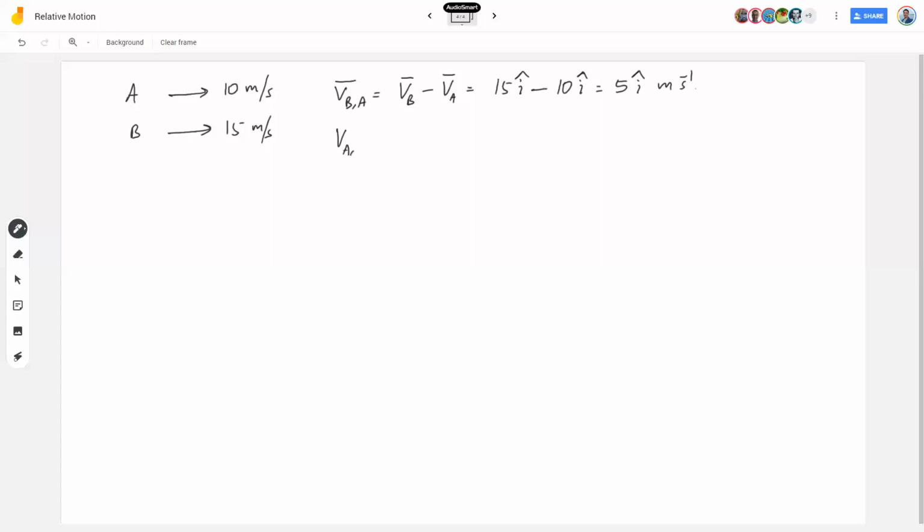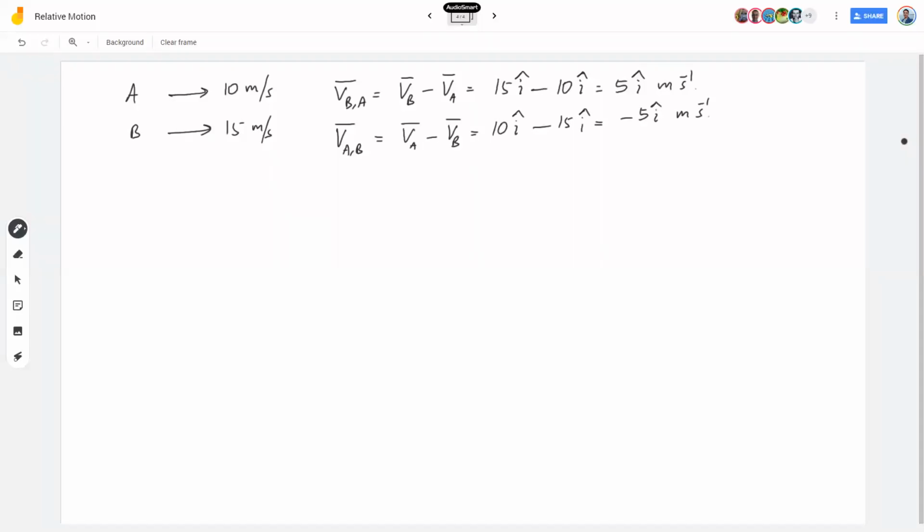What is the velocity of A with respect to B? Velocity of A bar minus velocity of B bar, which is 10 I cap minus 15 I cap, which means minus 5 I cap meters per second. What does it mean?